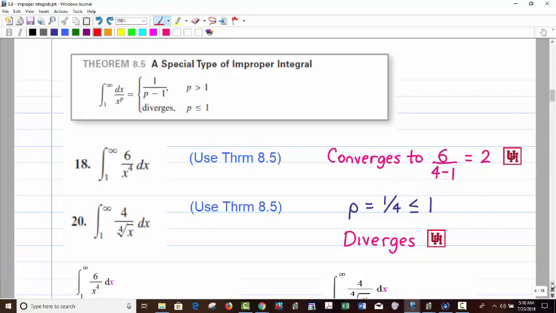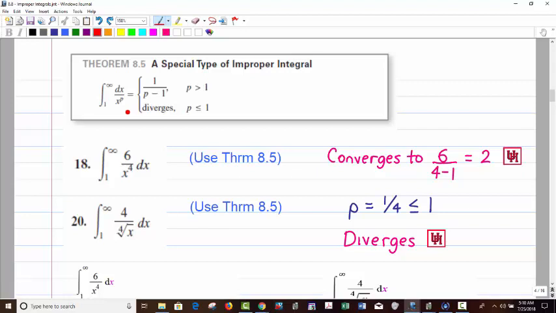So now this one, we're going to see how to work these out. This is a special type of improper integral. I don't think you have to necessarily worry about this too much because you could always work these out if you needed to. But it's an interesting theorem and it's accurate. So this says if you're going from 1 to infinity, and you've got dx over x to some positive power P on the bottom, like dx over x squared or dx over x to the fifth.